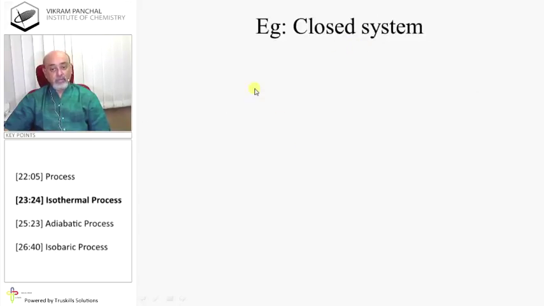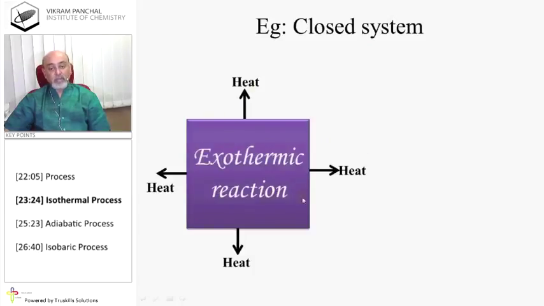For example, a closed system. If you take a closed system where matter cannot be exchanged, but you can exchange energy, and suppose inside this container an exothermic reaction takes place and we have to maintain temperature, then the extra heat released has to come out.